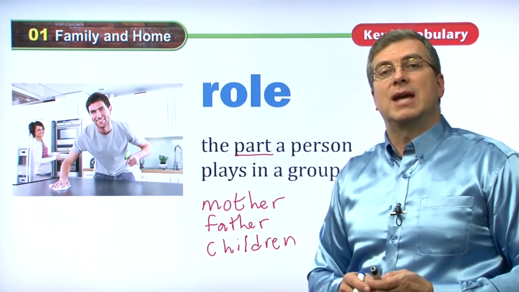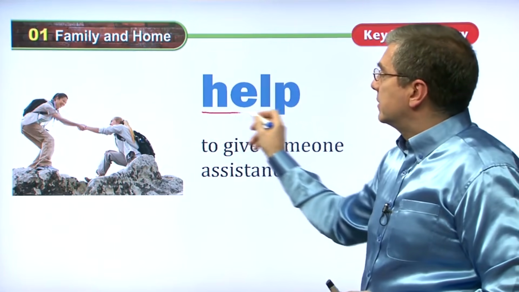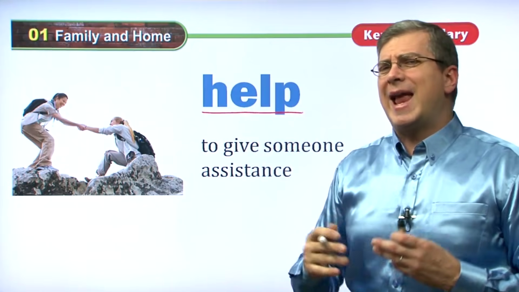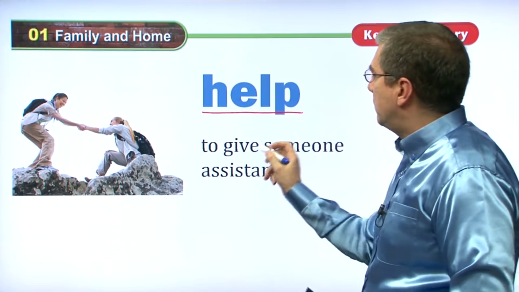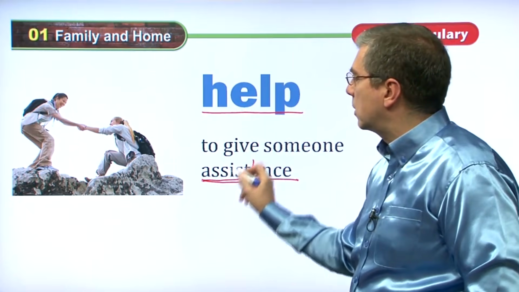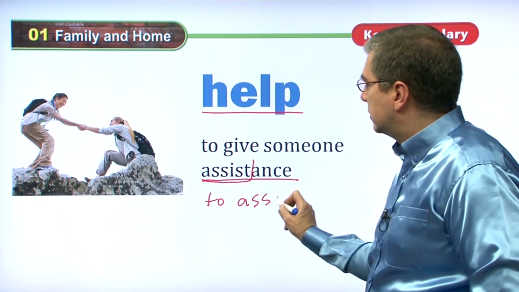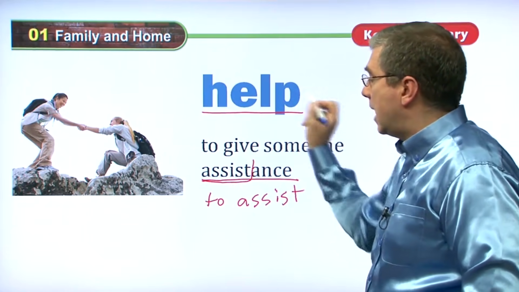Okay, that's a good question to ask. Of course, help. Now, families, like I said, they care about each other. They help each other. To help is to give someone assistance. And we can also take a look at that word. To assist is also a verb. To assist means to help.